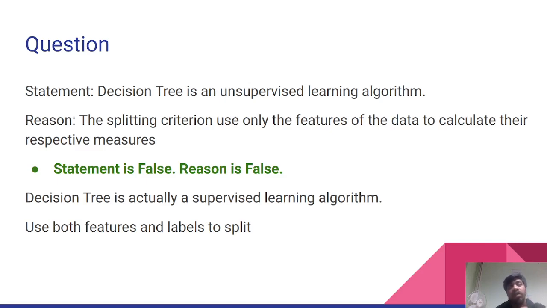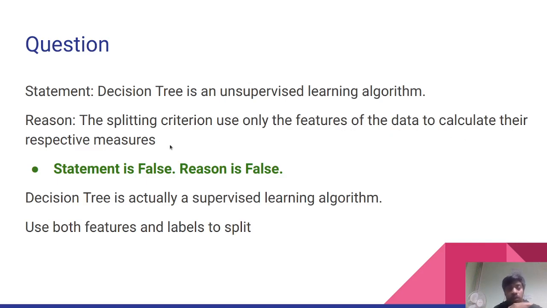Yeah, it is right, but in certain cases, let's take an example. In any case, the statement is false, reason is true. Suppose in the reason we have: the splitting criteria use both features and labels to calculate the data.